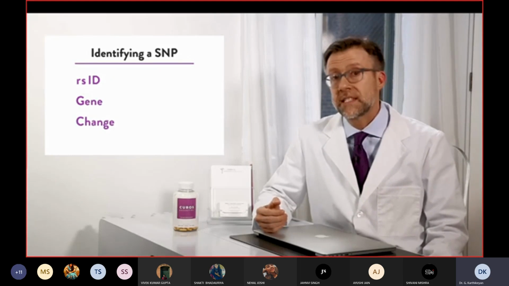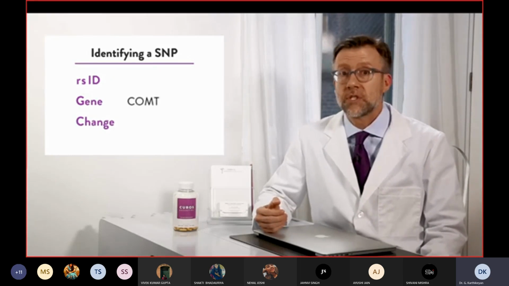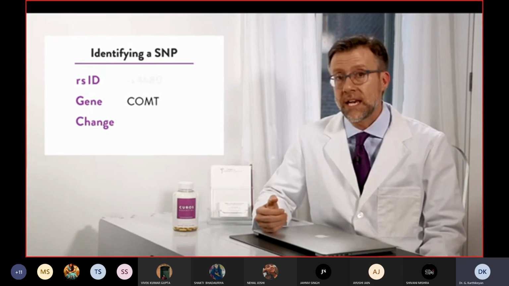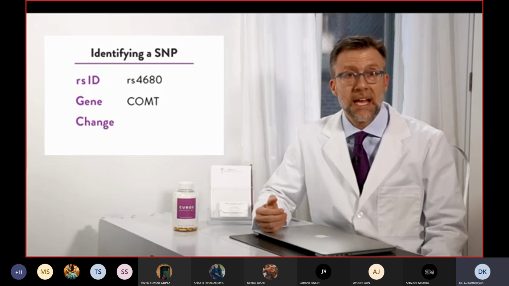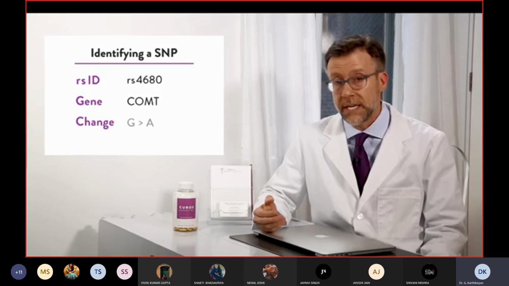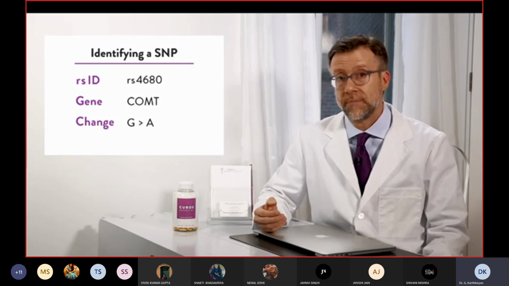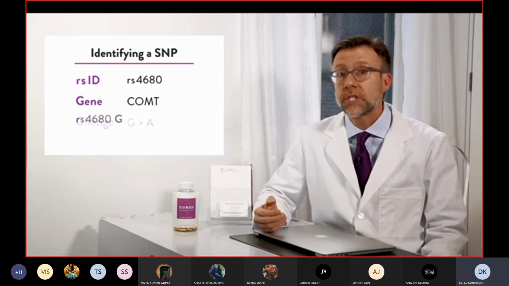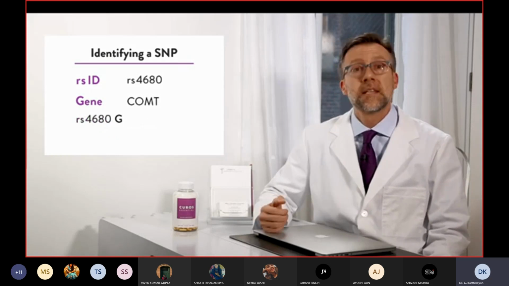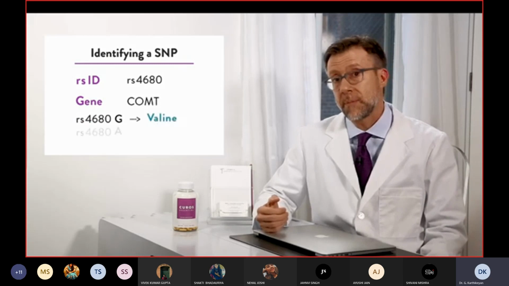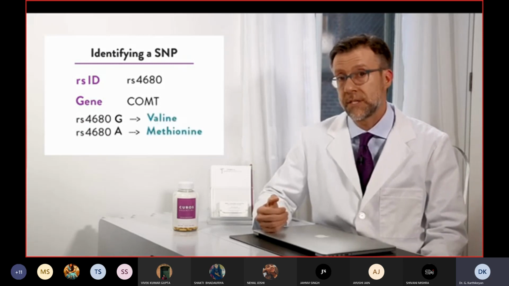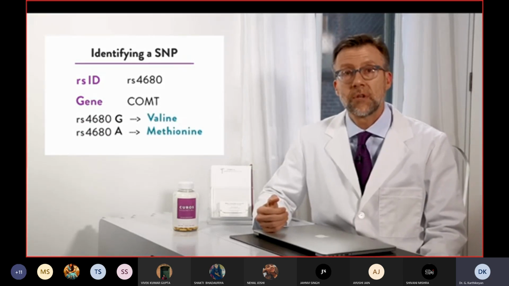So for example, the COMT gene, which controls dopamine levels in your brain, has a well-studied SNP, RS4680, and some people have a G, or guanine, and some people have an A, or adenine, at that location. And because that changes which amino acid is coded for, some people make a valine, and some people make a methionine at that location.